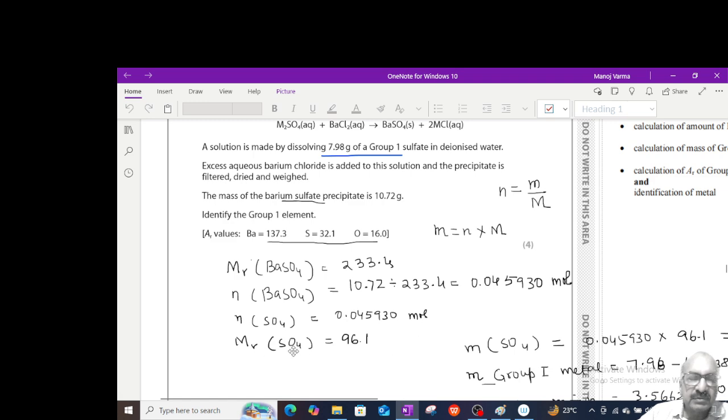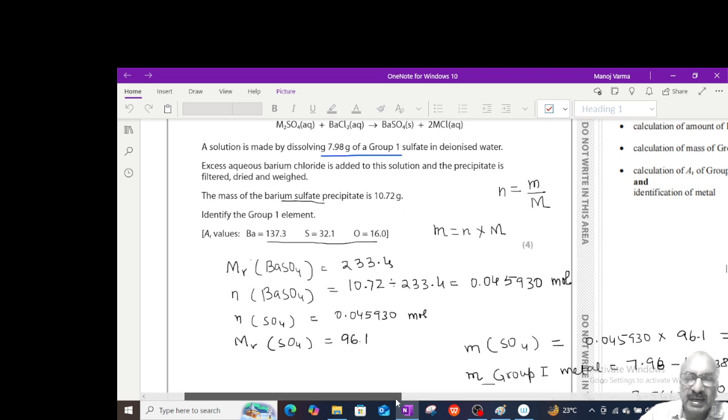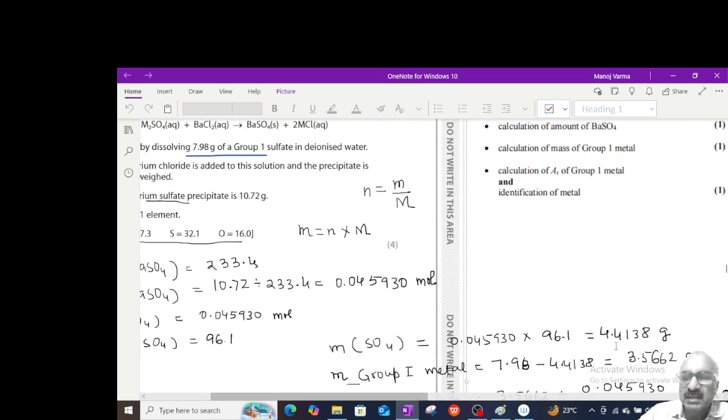And the Mr of sulfate is sulfur and oxygen. If you add from here, you get 96.1. Once again you can get the mass of the sulfate by the number of moles multiplied by the molar mass, which gives 4.4138 gram.